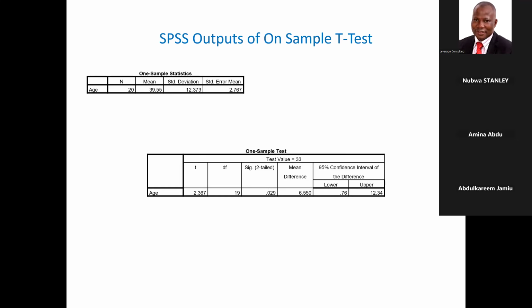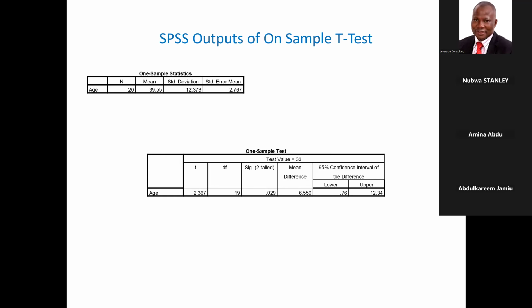The difference between the two means will be 0, which means there's no difference between the two means. So when you calculate the mean difference by hand, the one they gave you is 33, yours is 39.55. Remove 33 from 39.55, it gives you 6.55. That's the mean difference the computer gives you, 6.55.